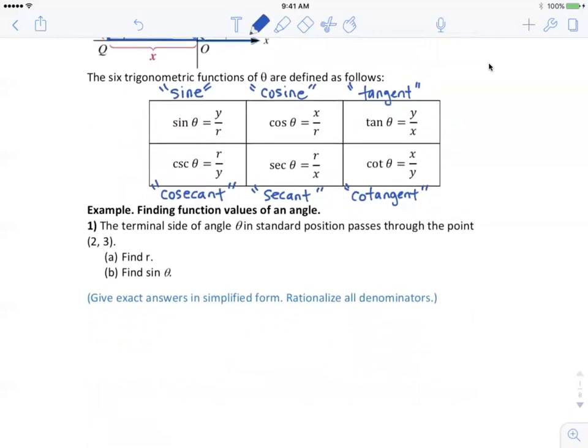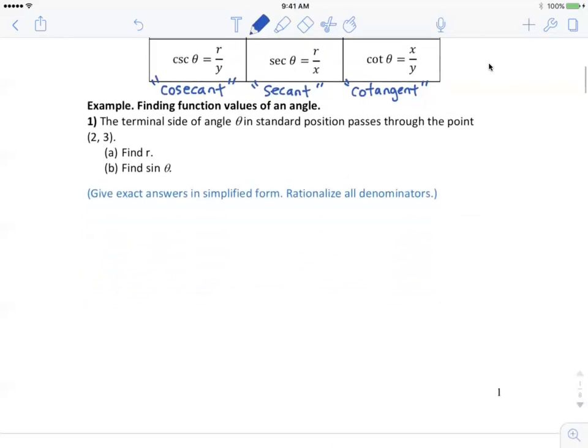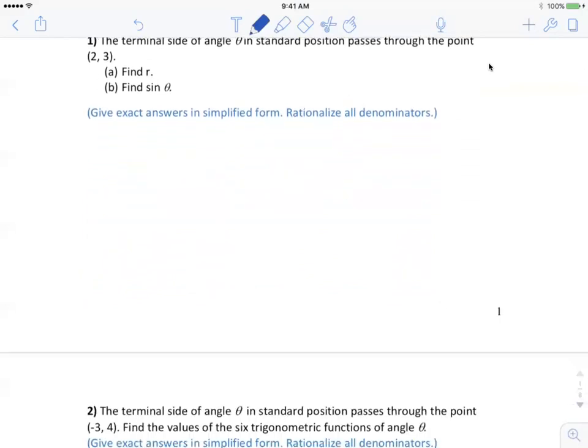Number one says the terminal side of angle theta goes through the point (2, 3). Find r and find sine theta. I want to draw that out. (2, 3) is in quadrant 1, right? Over 2, up 3. There would be the point (2, 3) right there. Now think about this as making a triangle.